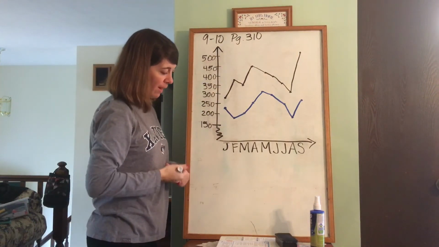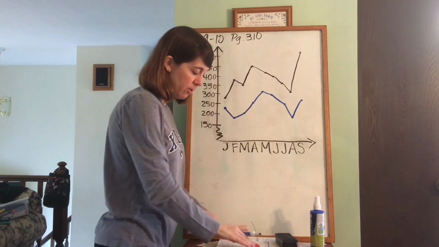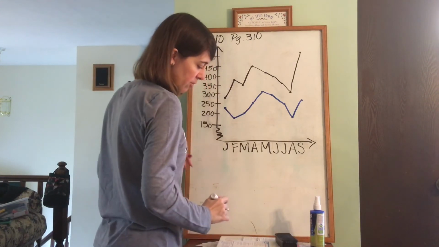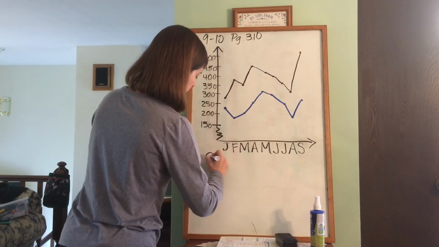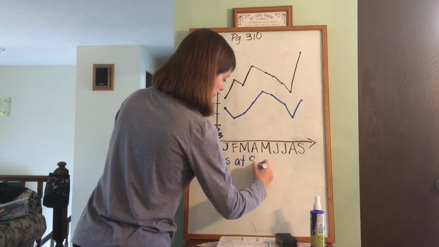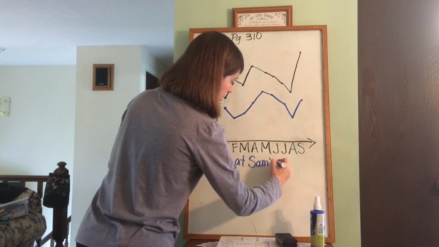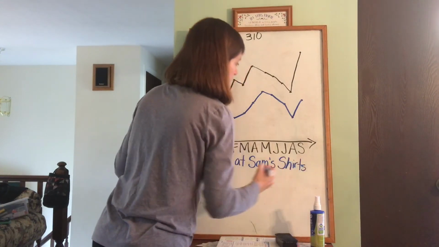You'll also need a title. You could use the title from the data chart, Stock at Sam's Shirts, or you could say Sales at Sam's Shirts. Okay.